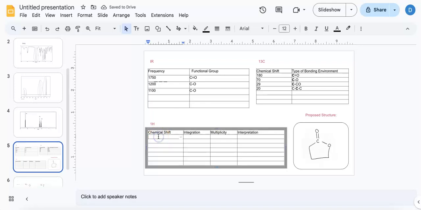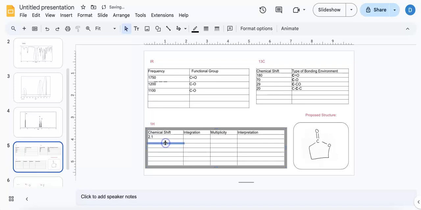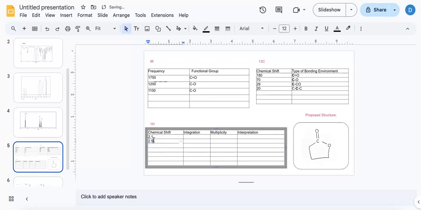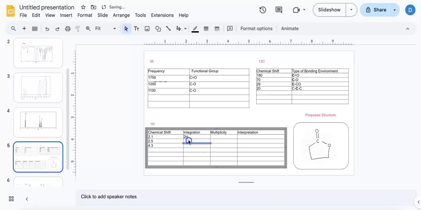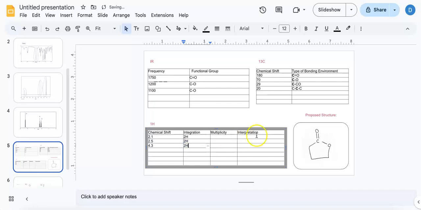And then this one has a few more steps that we're going to go over. In this case, I'll be explaining how to find the multiplicity based on this. So we already got the integration. All three were 2H, which was given. Okay.